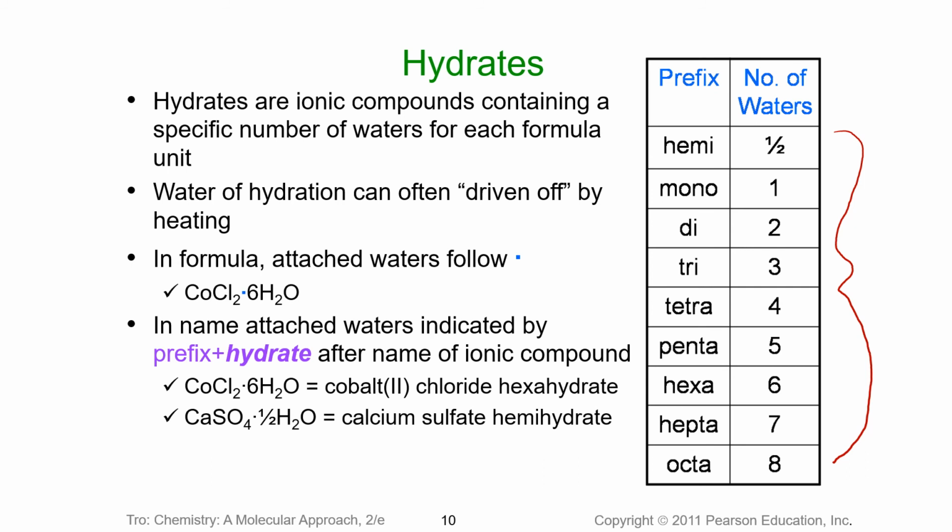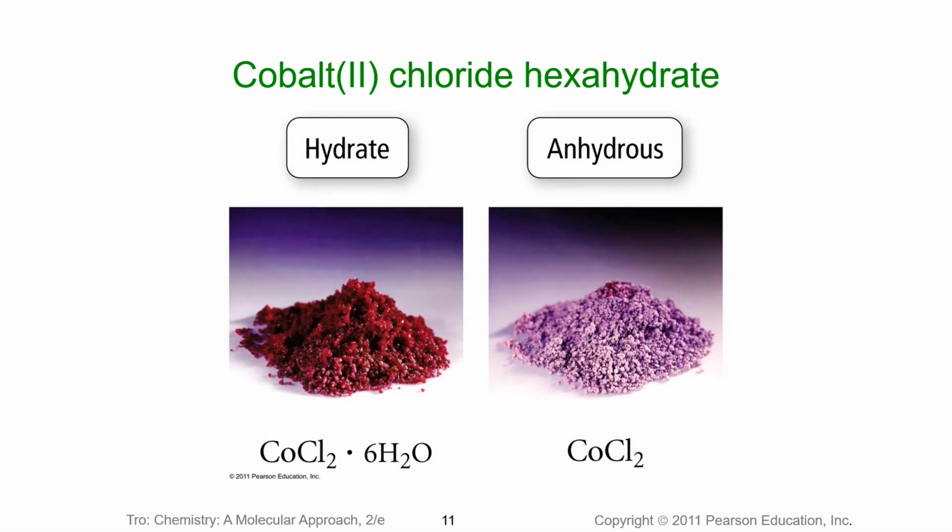Follow that pattern. They do have different colors and slightly different properties depending on if they are the hydrated compound or the anhydrous. Anhydrous means without water. Many of the ionic compounds will easily absorb water from the atmosphere, forming hydrates.